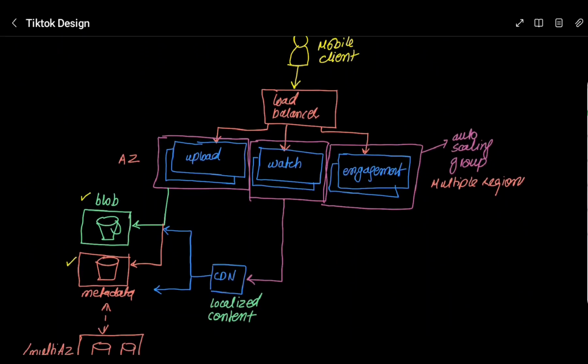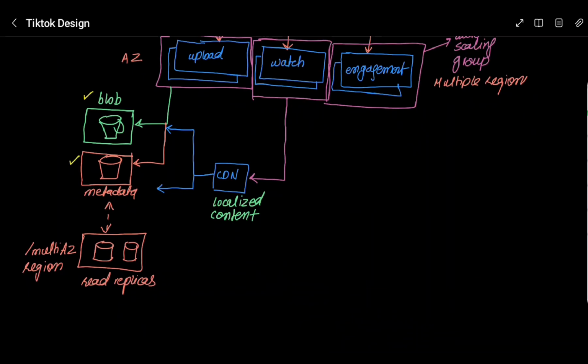Also, to make it even quicker, we can add a layer over here, which is a layer of a cache or an in-memory database, which can help you retrieve content even more quickly.